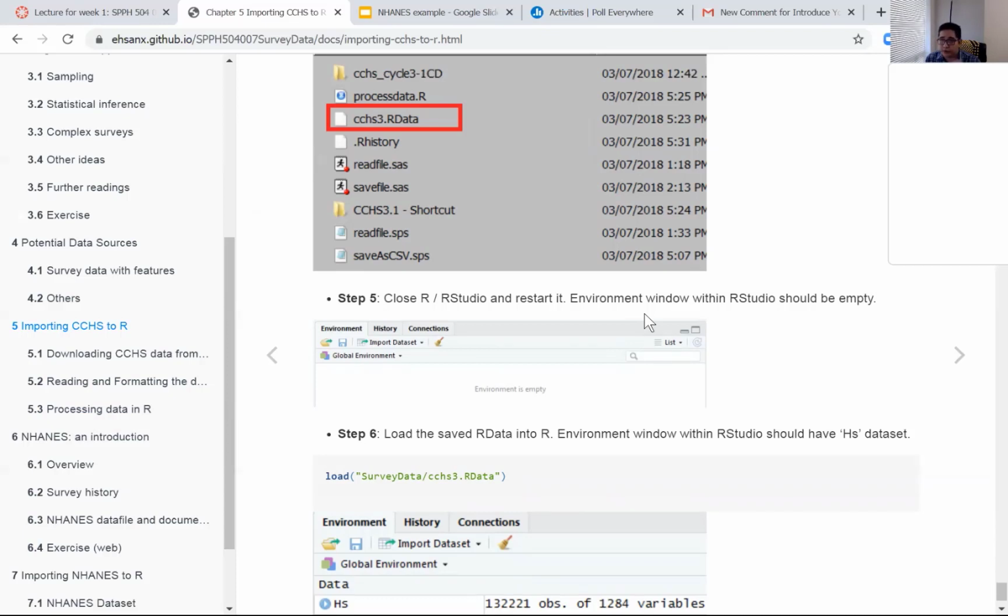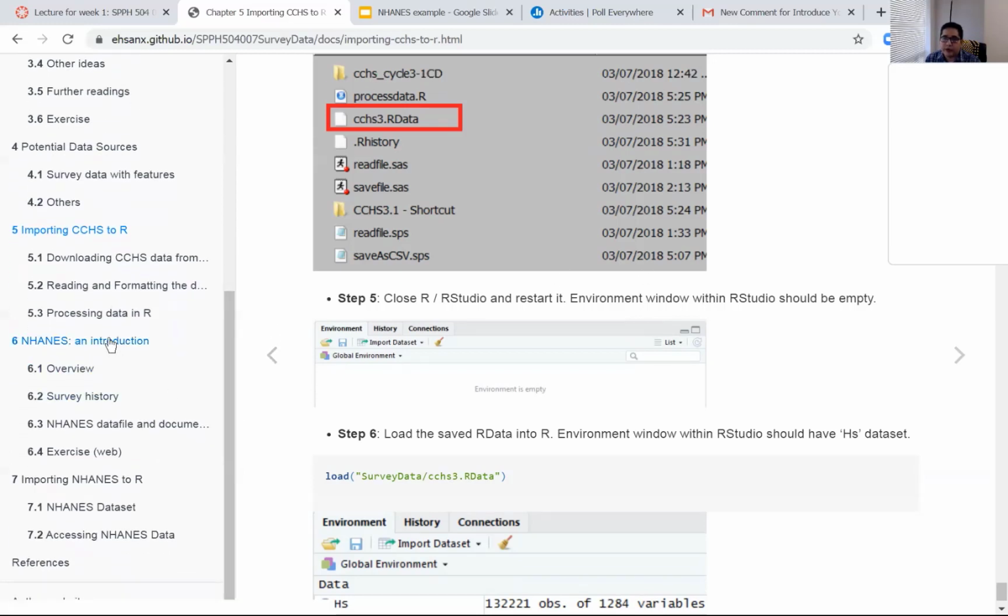And in the next week's lab, after downloading the files, we will look at how to create the analytic sample.